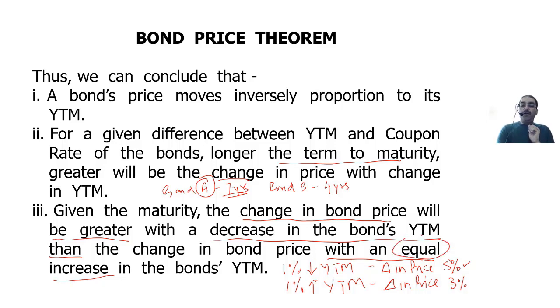They have said equal increase. I'm not increasing this by 5%, I'm increasing this by 1% only. Do you follow? So this has to be employed when you are solving the problems. You have to remember these points. You are not supposed to learn them by heart. You are supposed to remember these points.